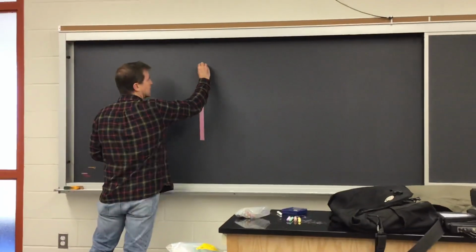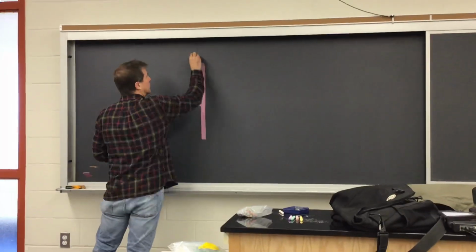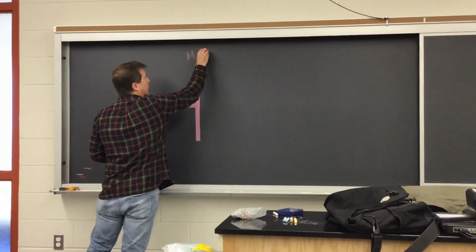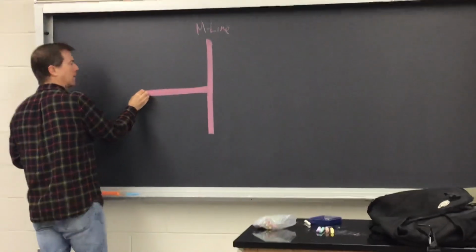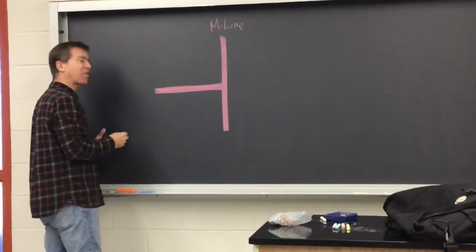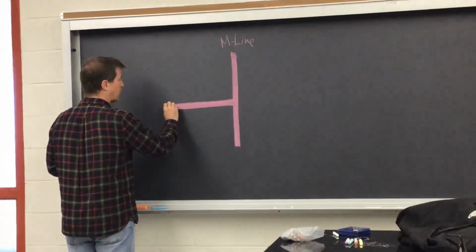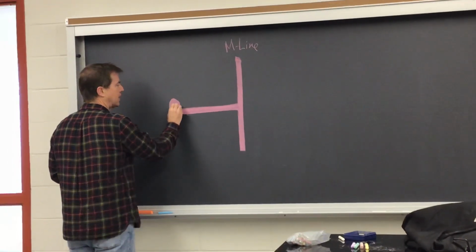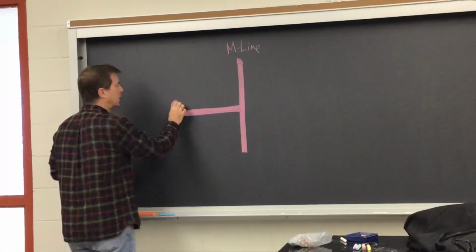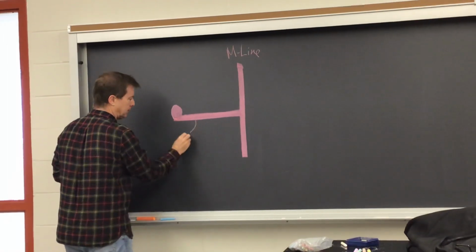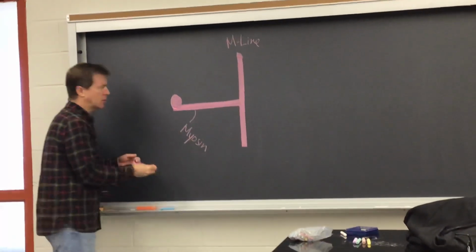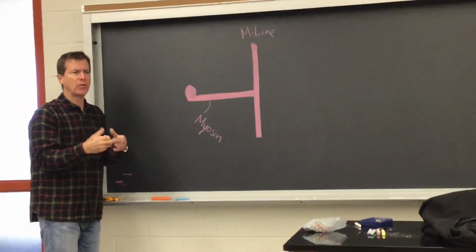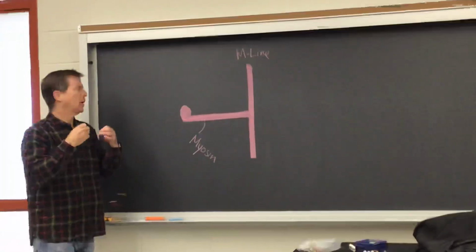This represents the M line. This horizontal pink structure that I'm drawing is the thick filament, myosin. It actually has multiple heads, but this myosin molecule, I'll label it, is just called the thick contractile protein or contractile filament.